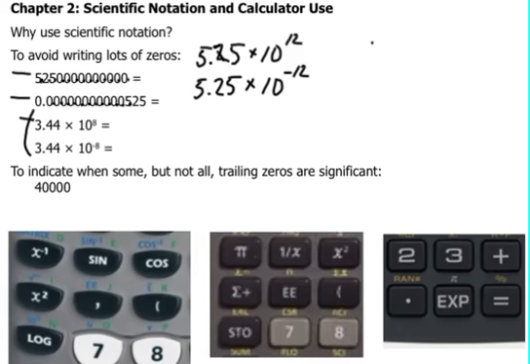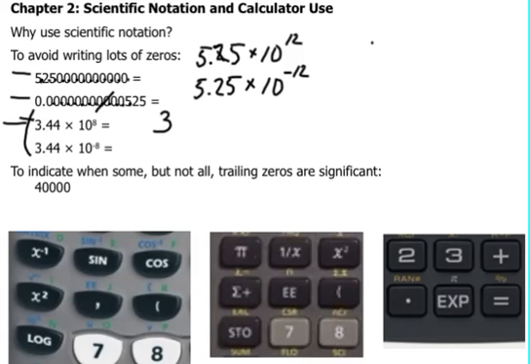Now to convert the other way, if you're starting with scientific notation, you should let what I just said guide you. So when you have a positive exponent like you do with this number, a positive 8, as your exponent, which means that this number is large, which means therefore that you should be moving the decimal to the right to get a large number.